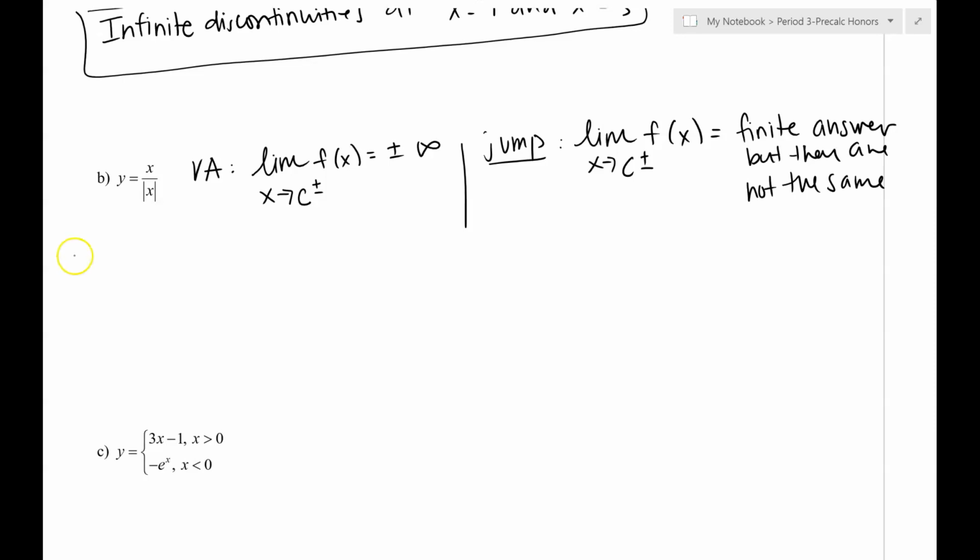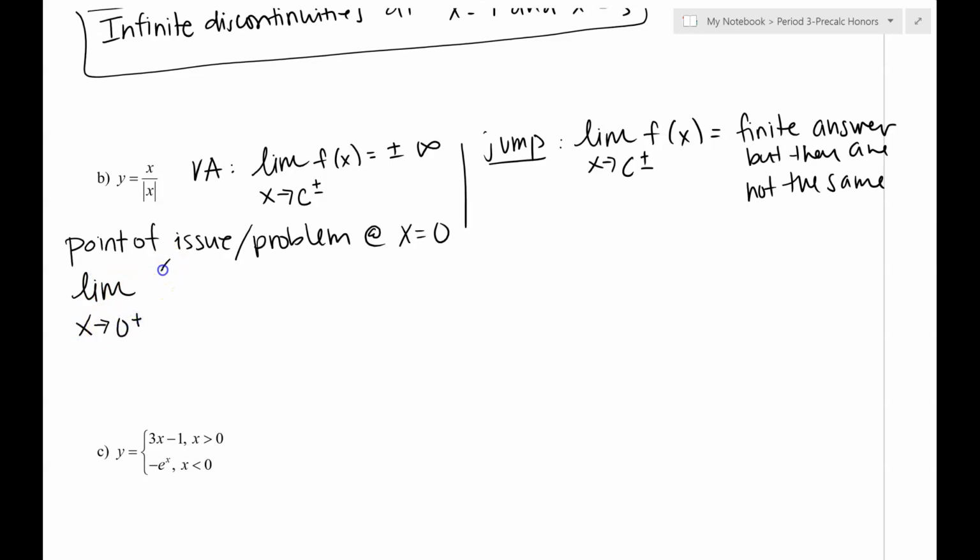So the point of issue or problem is really at x equals 0. So you want to check it out. The limit as x approaches 0 from the right of x divided by absolute value of x should be 1.